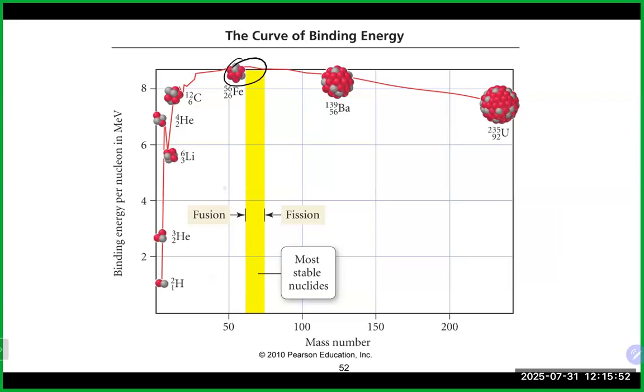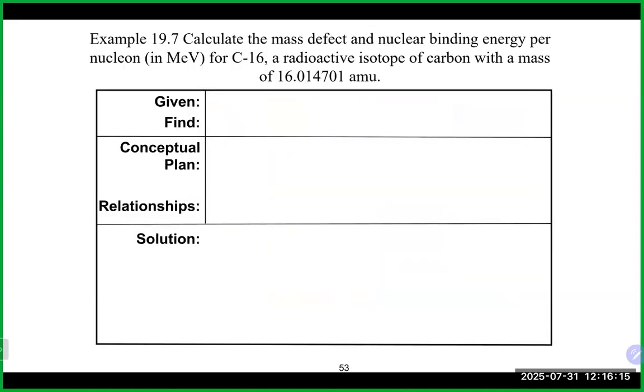Things kind of to the left of iron 56 will go through fusion type processes to try to get there. And fission processes happen to the right there. Fusion is the process under very extreme temperatures. Two small things make a larger nucleus put together. Fission is what we're talking about, where it separates out into two new nuclei and gives off some neutrons.